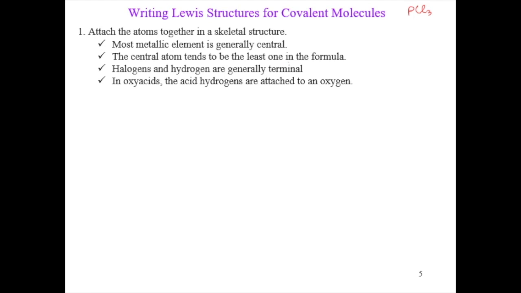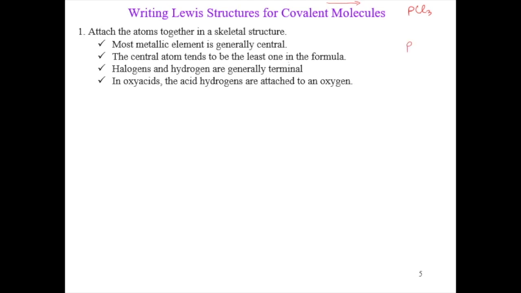We learnt about metallic character in the periodic trends in one of the previous videos. Metallic character reduces as we go from left to right in the periodic table. So chlorine is less metallic, phosphorus is more metallic, which means phosphorus will be in the center.